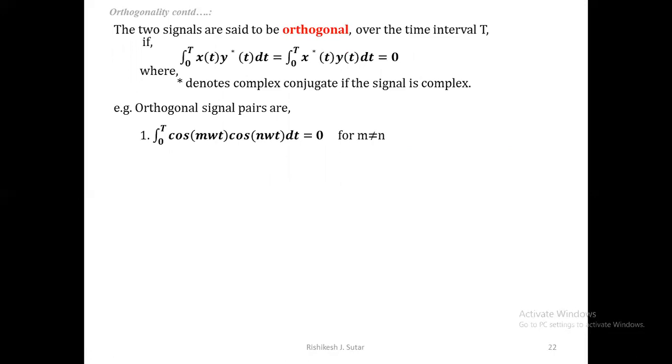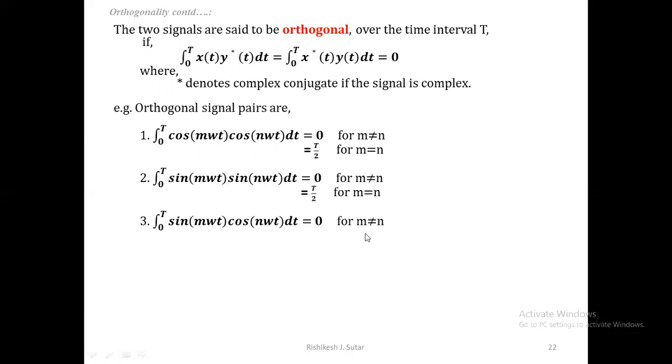So the orthogonal signal pairs are: two cosine signals with different frequencies, that is m omega and n omega; two sinusoidal signals with different frequencies; or one sine and another cosine signal with different frequencies.